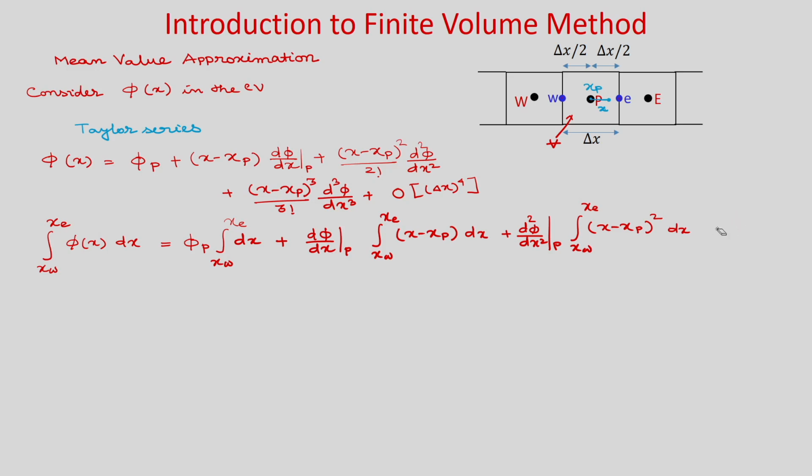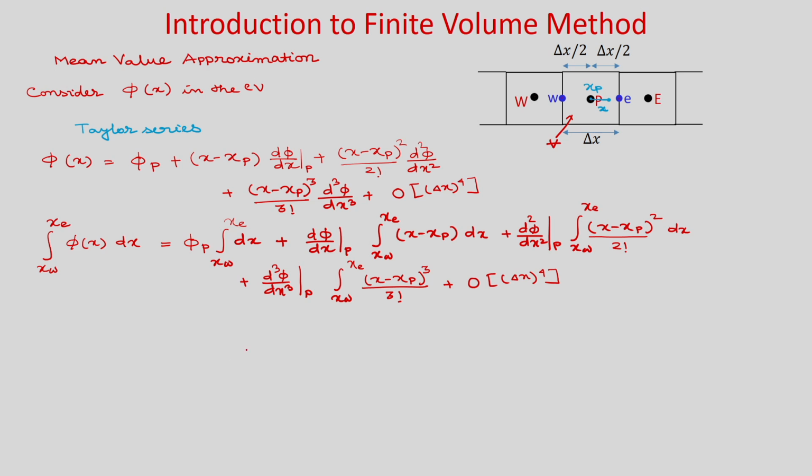Or you can write another term, d cube phi by dx cube at p, integral x w to x e, x minus x p whole cube by factorial 3, plus order of delta x to the power 4.